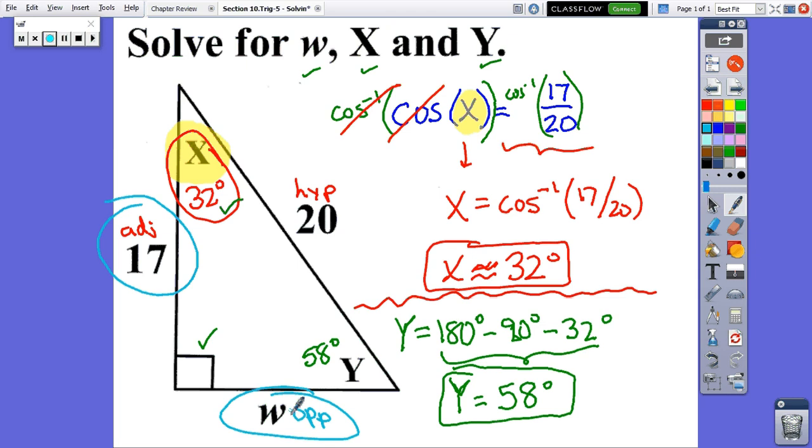Either one of those 2 setups would have gotten you that W was around 10.54. It might be slightly different, but it's going to be pretty close to 10.54. So again, instead of the Pythagorean theorem, you could have set up a sine or a tangent ratio with this 32 degree angle to solve for W like we had the week prior.